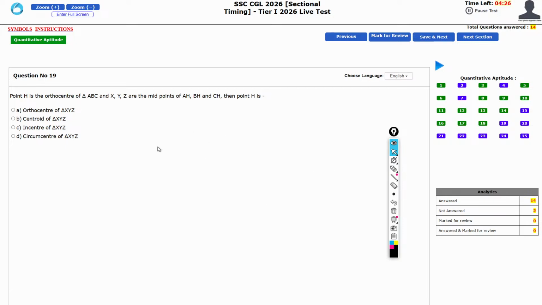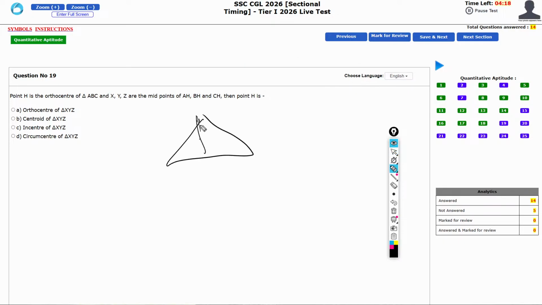Okay, H is ortho center. I totally forgot. Okay, point H is the ortho center. Okay, midpoints AH. Then point H is the ortho center of ABC.